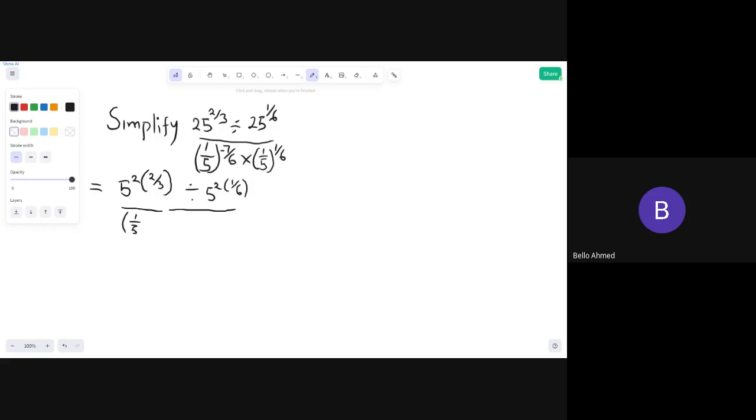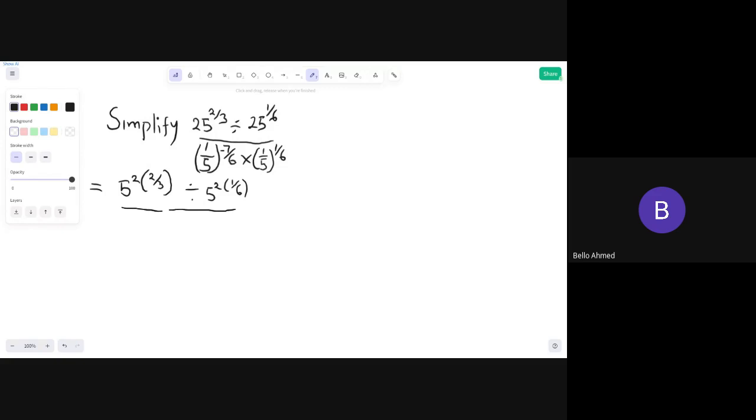Somebody is going to say that that 1 over 5 has a negative power, so why is it that minus? Well, I would say no, don't do that here.